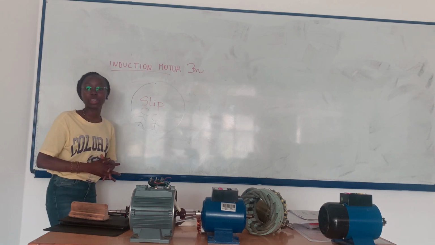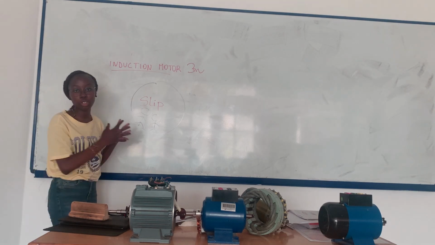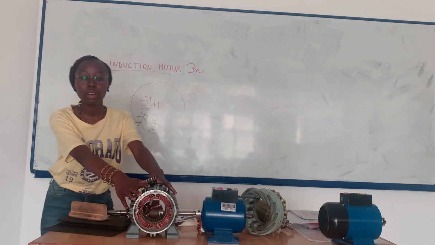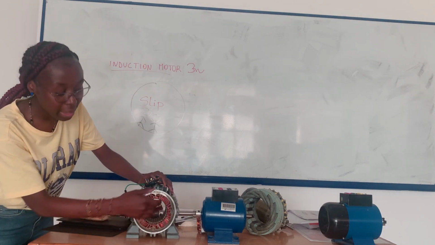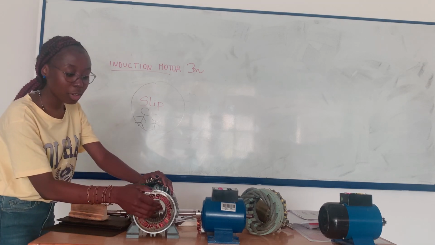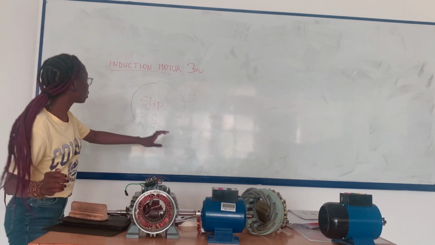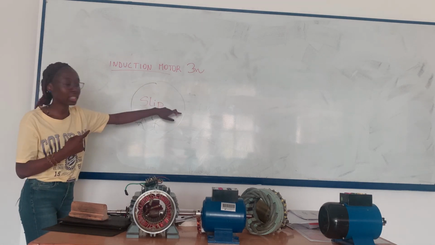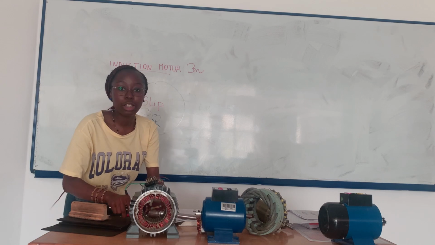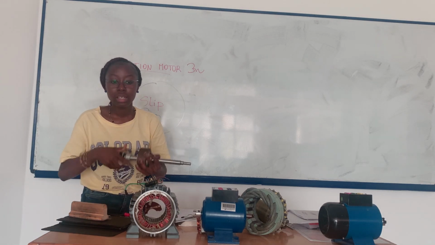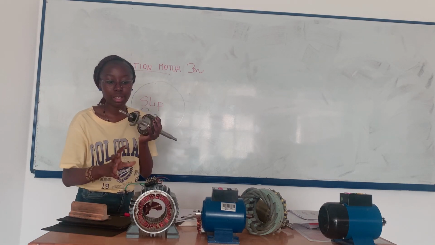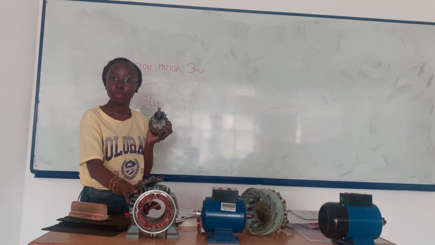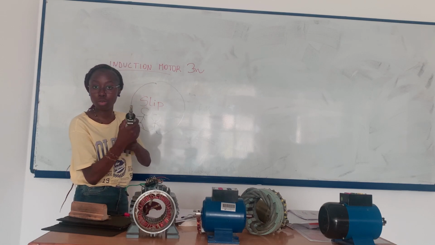So now I'm going to talk about the slip inside a 3-phase induction motor. As we know, in our stator, we have the EMF produced by the stator. So it is giving us here like 2 poles, electromagnetic. Since the rotor is also inside the stator, it is also influenced by the EMF of the stator. It also starts to turn.